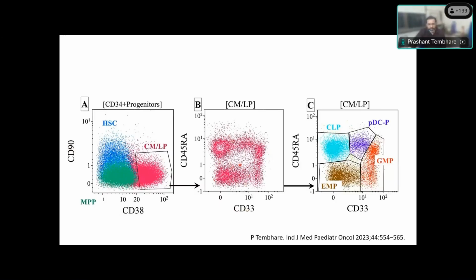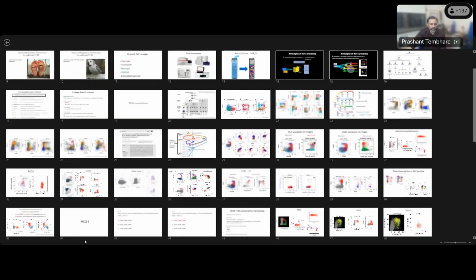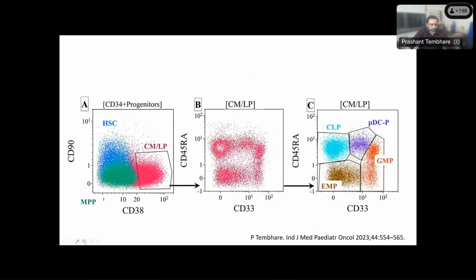The same way here, you can see that this population is negative. These cells are negative for this 45RA and 33. This population which is away from 0, this cluster of dots towards 10⁻⁴, is positive for 45RA, and this population which is away from the 0 on the other axis is 33 positive.